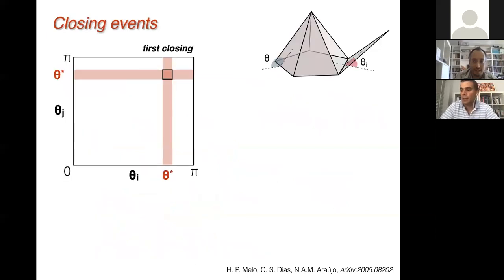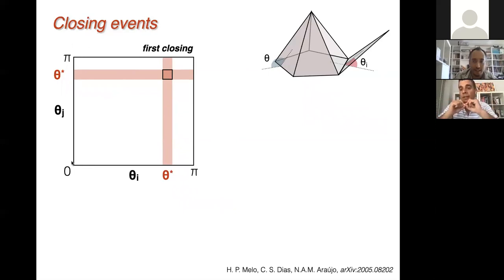And so the first closing event, as I was describing, what we need is that two of the random walks meet at a specific space. And so I can represent the problem in a two-space diagram, where in the horizontal axis I have the angle of one face, and then the angle of the other.